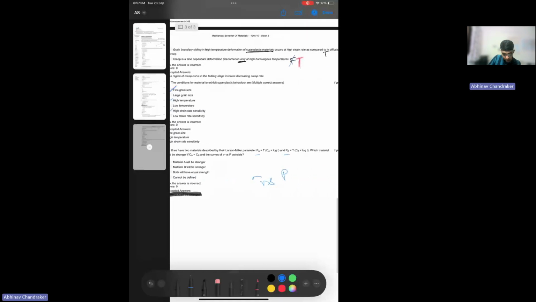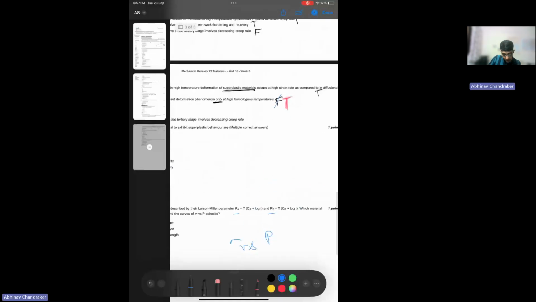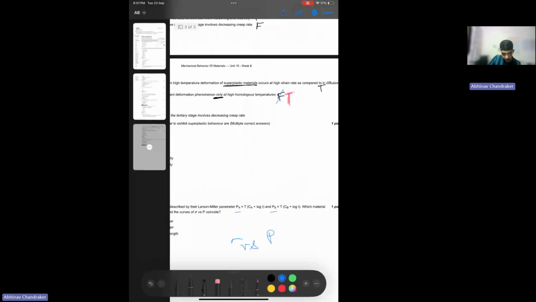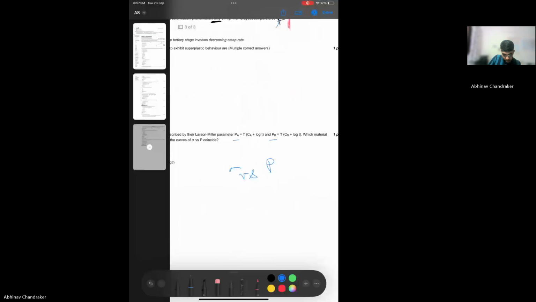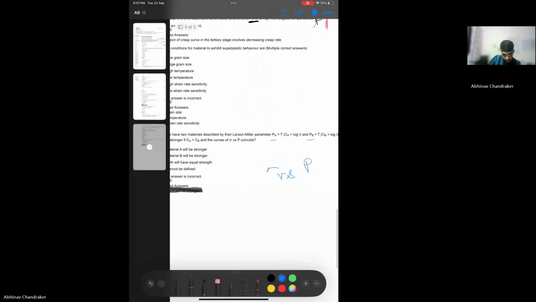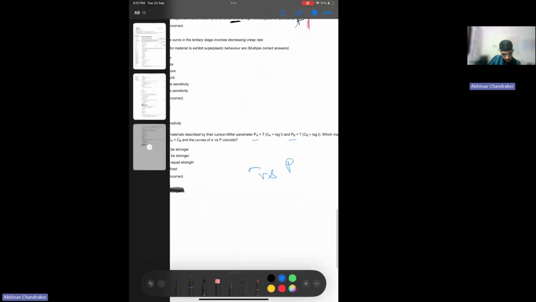So basically, from this we can tell which material will have a longer life, right? So since both of these are the same, PA equal to PB. No, sorry, they are not the same.